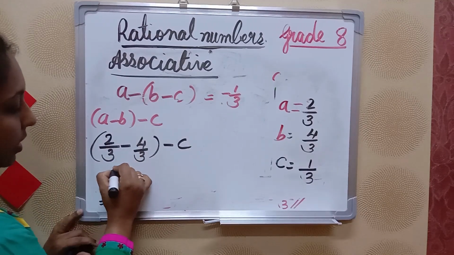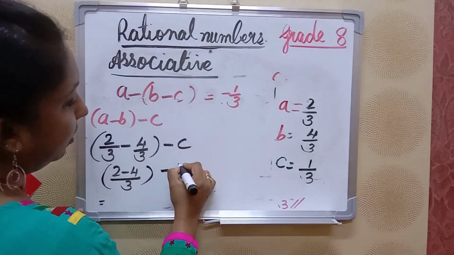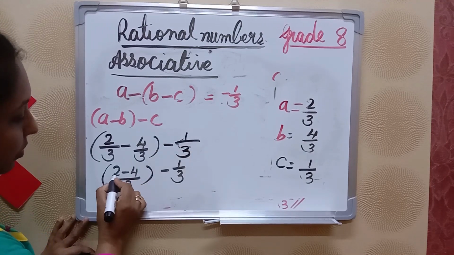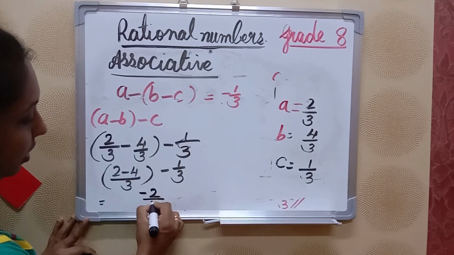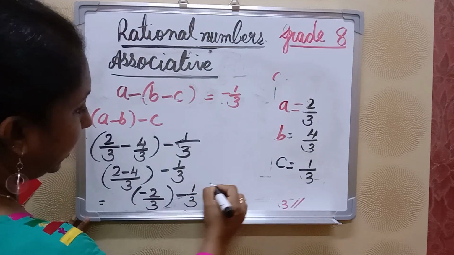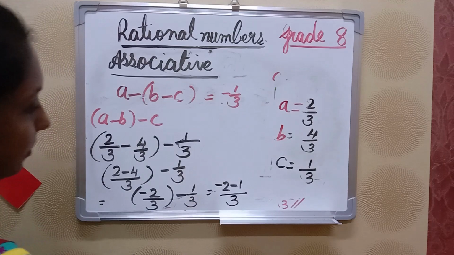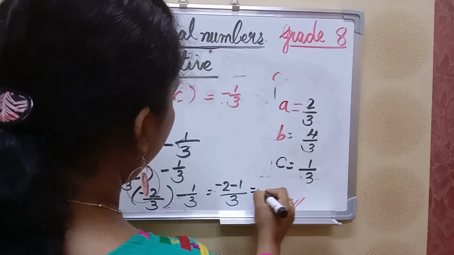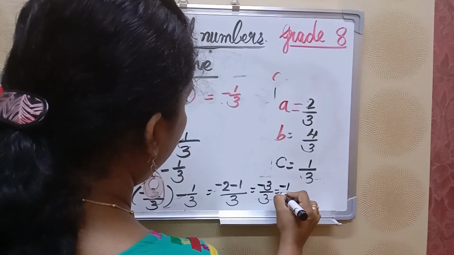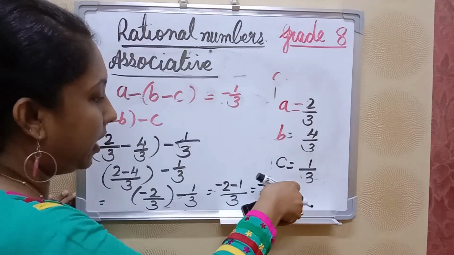First bracket: 2 minus 4 by 3, minus 1 by 3. 2 minus 4 is minus 2 by 3, and minus 1 by 3, that is minus 3 by 3, minus 1. So the answer is minus 1.